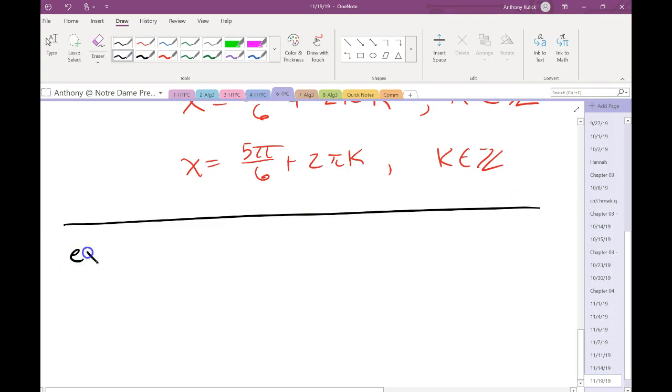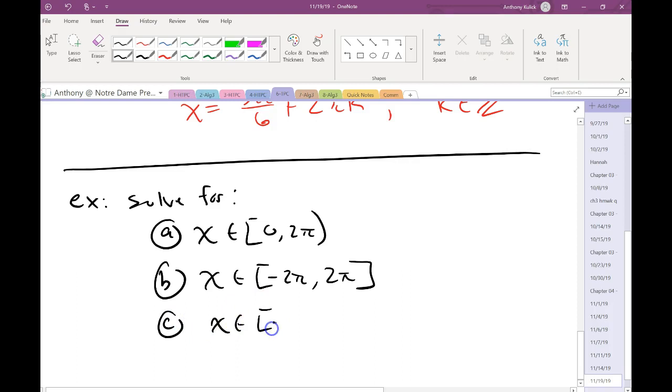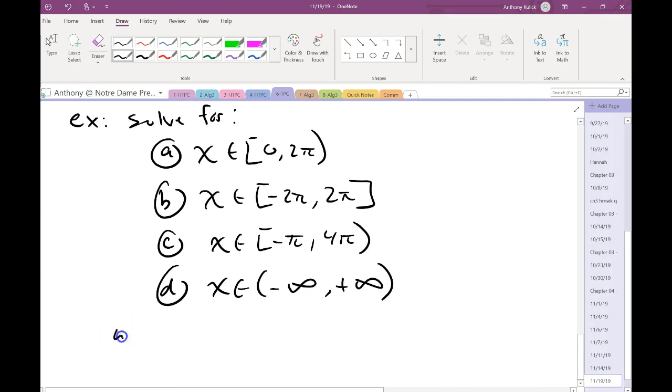Let's try another example. We're going to have 4 parts of this question.